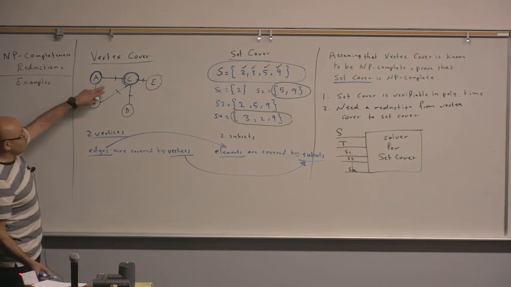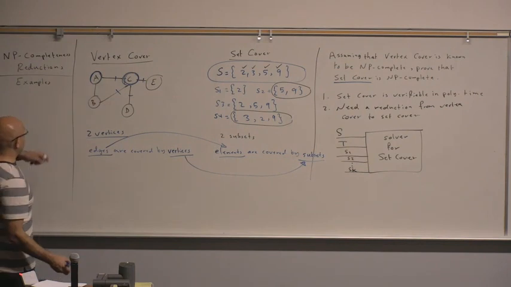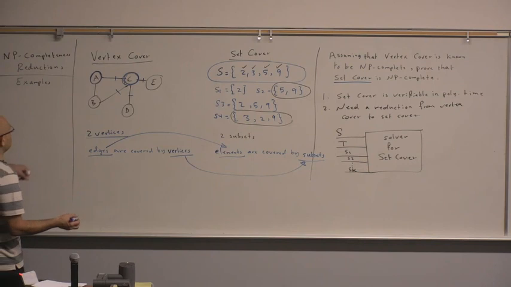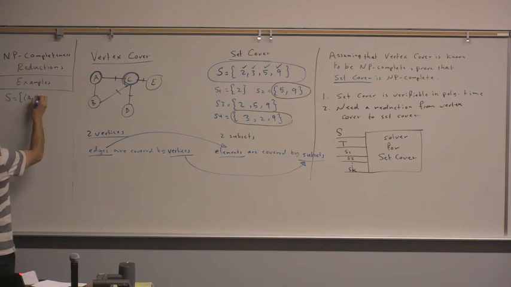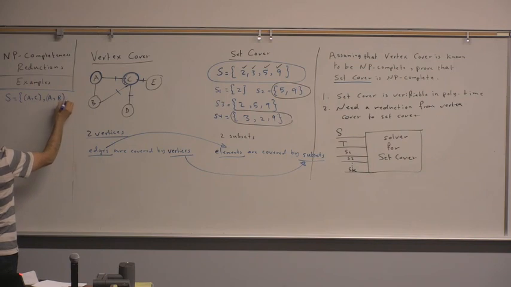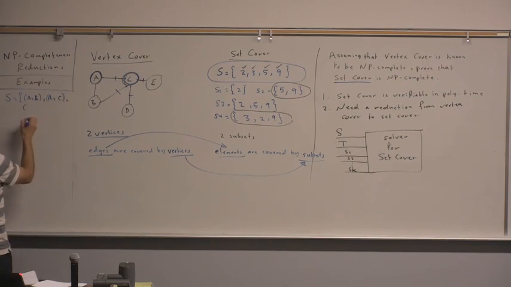Okay, so edges to elements. I can define the set S as the set of all edges. Let's look at AB, AC, then BC.